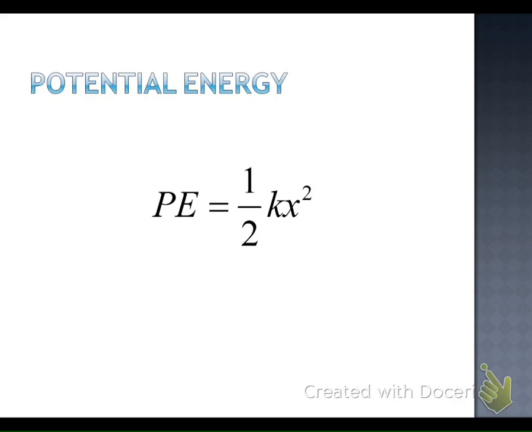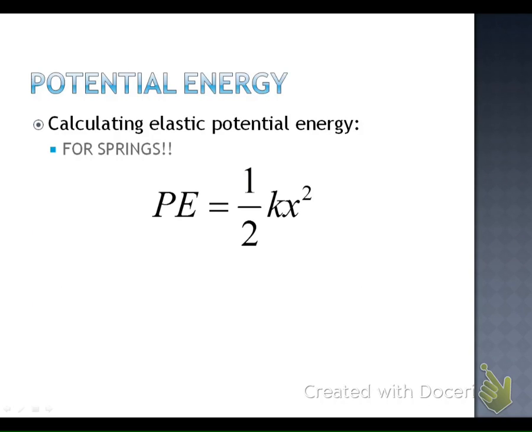So this is our elastic potential energy equation for springs only. Remember, whenever we see this K, we know we have to be dealing with a spring because K is a spring constant. So this equation is only used for springs whenever you see that K in there. The last one we saw was for the force of a spring. This is for potential energy of a spring.